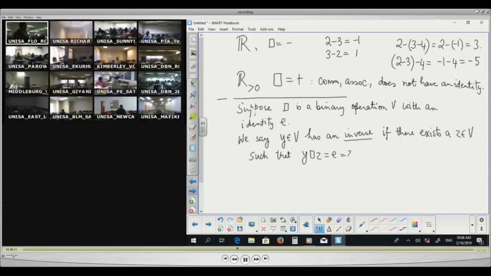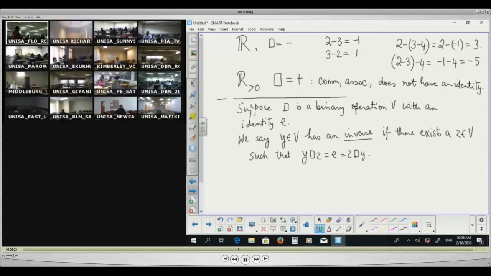So even if, okay, so for instance, if we have this one, negative, it is not commutative, it is not associative, but it has an identity.